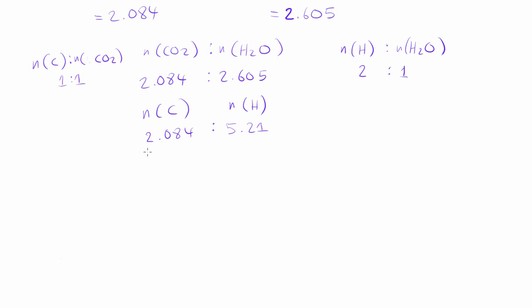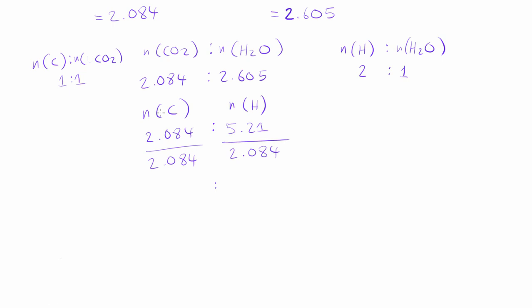So at this stage, we're going to divide both sides by 2.084. Divide this side as well, 2.084. Right, and what does that give us? Well, this part is straightforward.